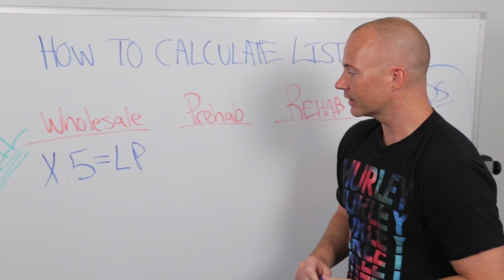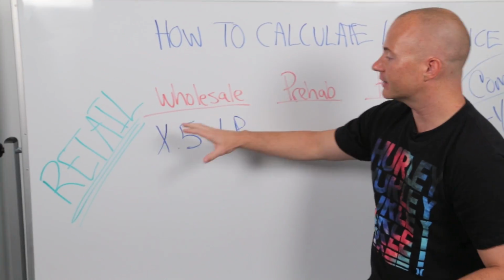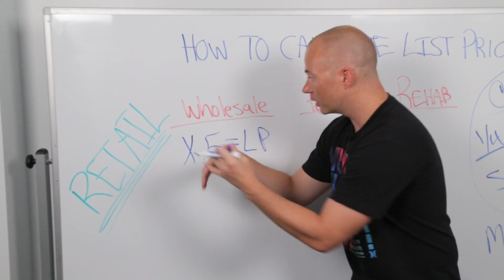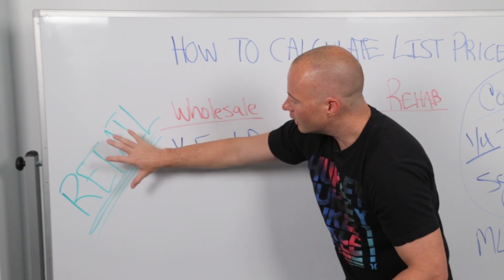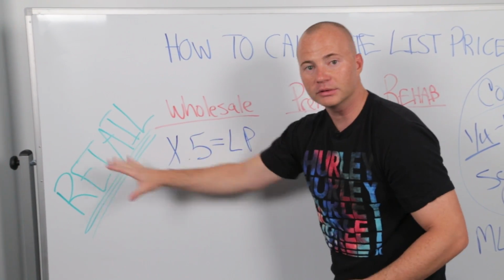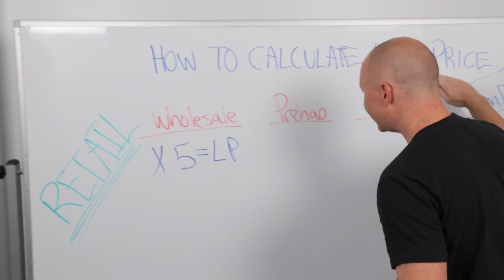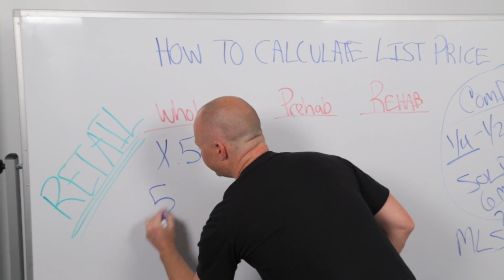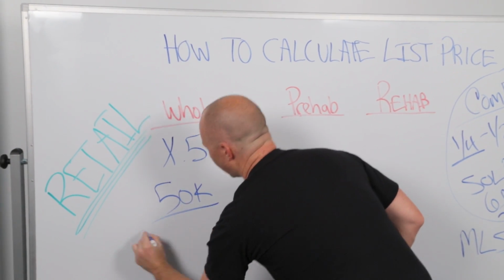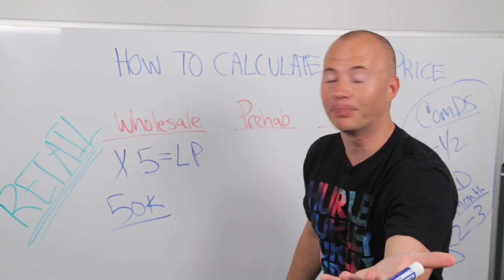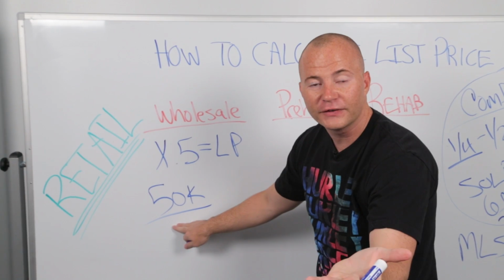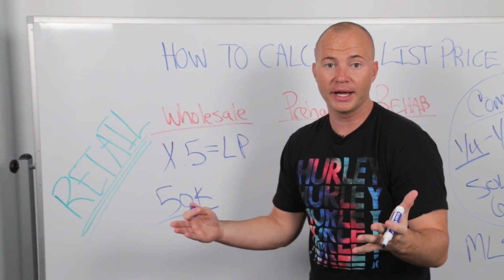So in this case, it's just 50%. If you identify retail at $100,000 and you're going to be wholesaling this deal off, you're going to be listing this property for $50,000, which obviously means that you have to buy it well below this $50,000 in order to create a spread in that deal.